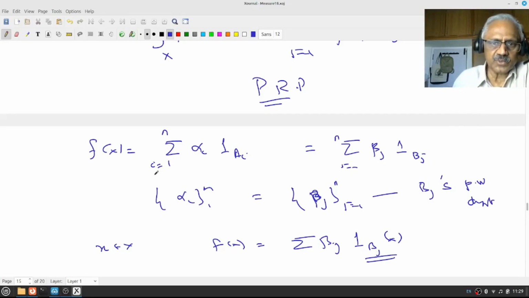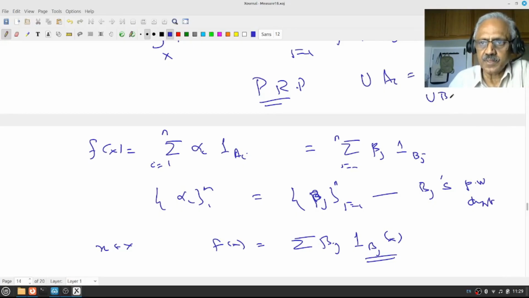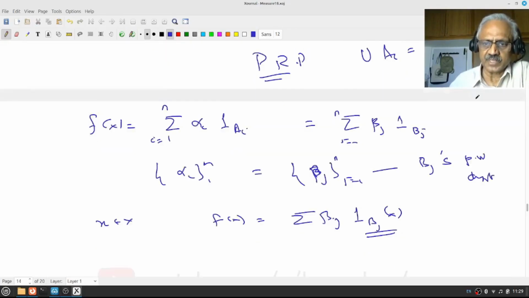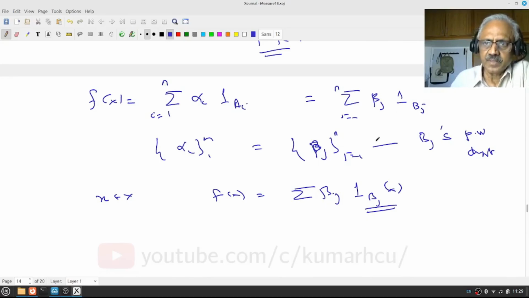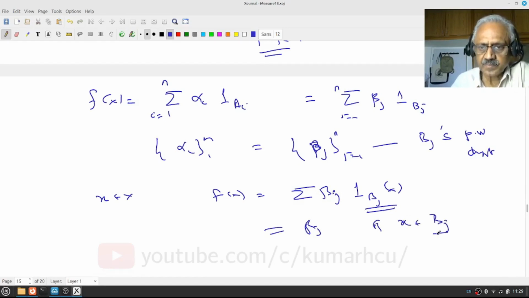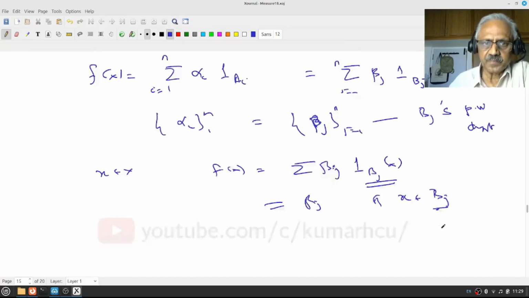We are assuming, as usual, that this comes from a measurable partition. Therefore, x has to be in only one of the B_j. So this will be β_j if x belongs to B_j. Right? Therefore, they are the same.